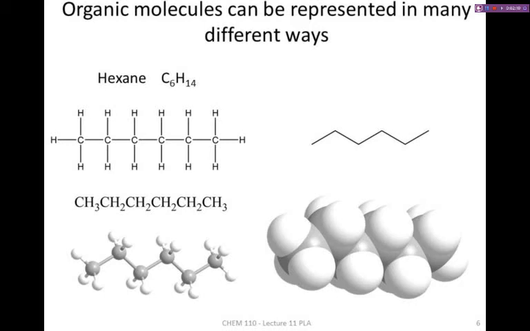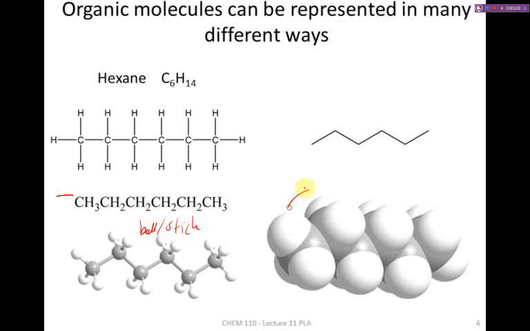And you can see, as we're starting to draw larger molecules, that it can get quite complicated and time-consuming to do so. Beneath that, you have the condensed molecular formula, and this shows bonding patterns as well, just as the Lewis structure does, but it's a little bit simpler.